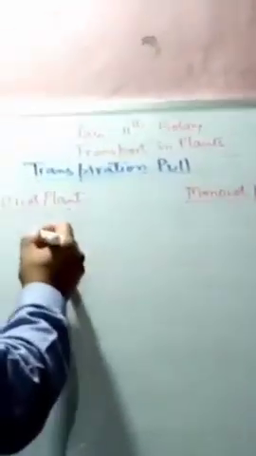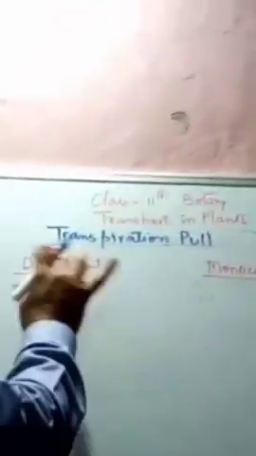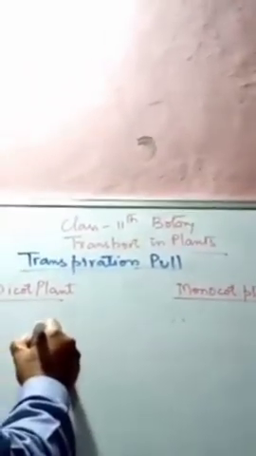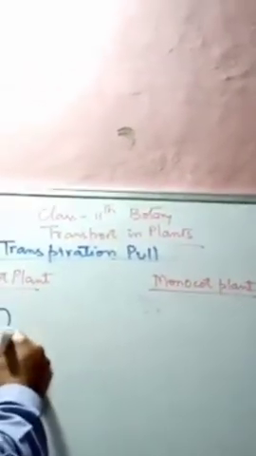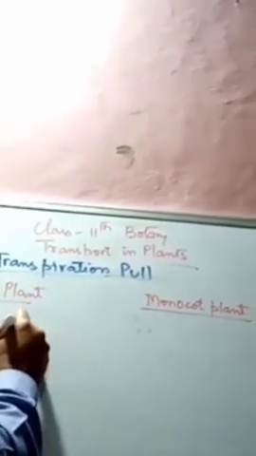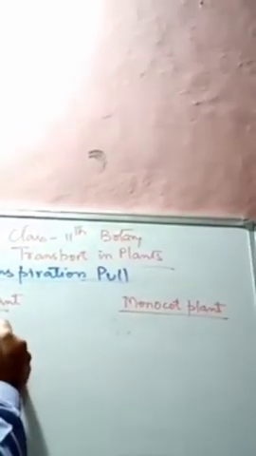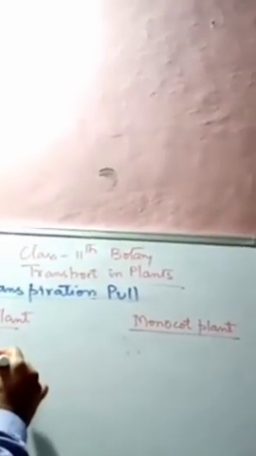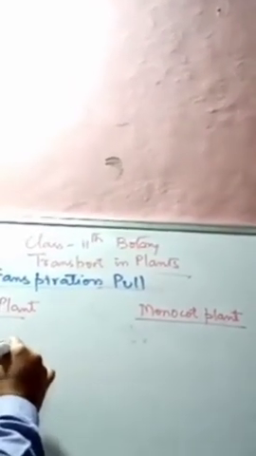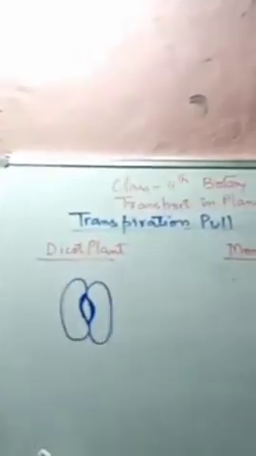In a dicot plant, the stomata is covered by guard cells. These guard cells are bean shaped. On the outer side the wall is somewhat thin, but on the inner side it is somewhat thick. These are the guard cells.